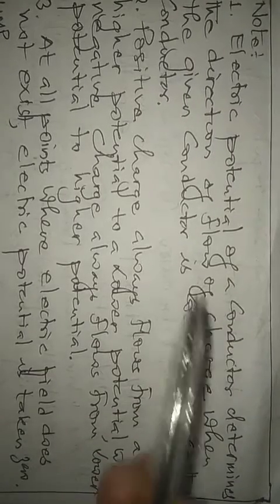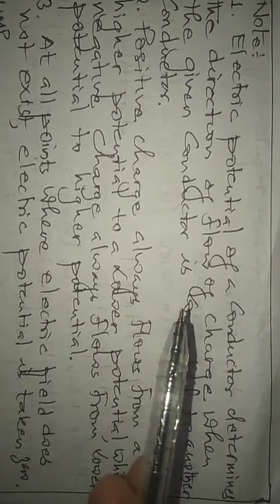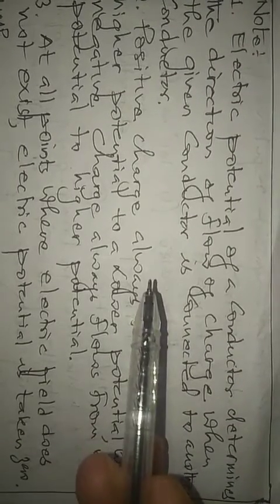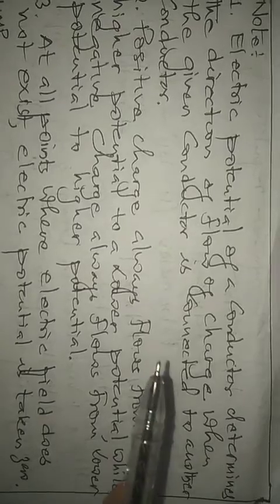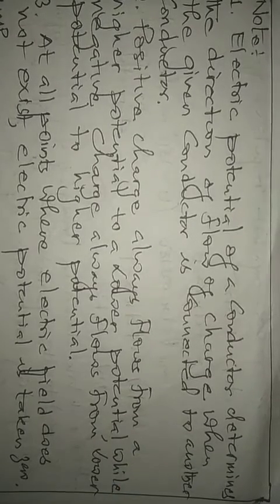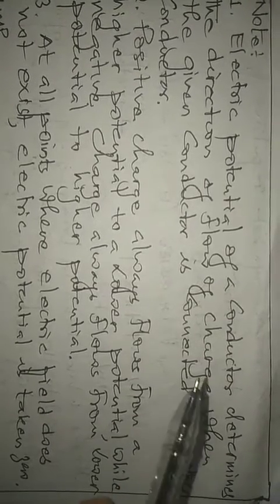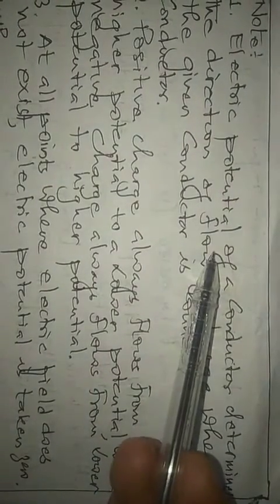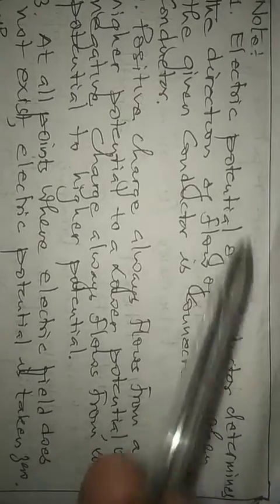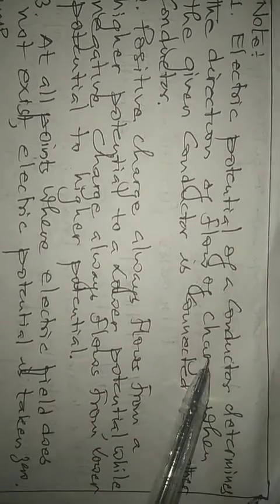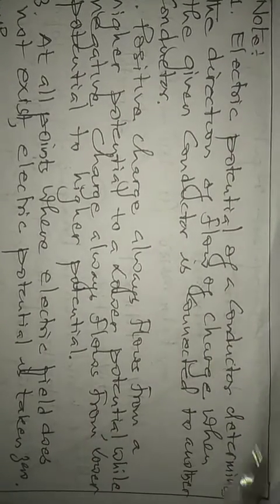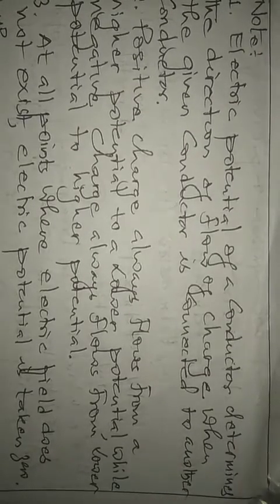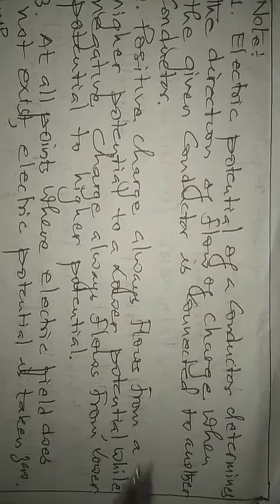Why? Because there is a potential difference between the 2 points. When there is a potential difference, the charge flows from one point to another by work being done to move it. That's why electric potential and potential difference of a conductor determine the direction of flow of charge when that conductor is connected to another conductor or to a cell or battery.